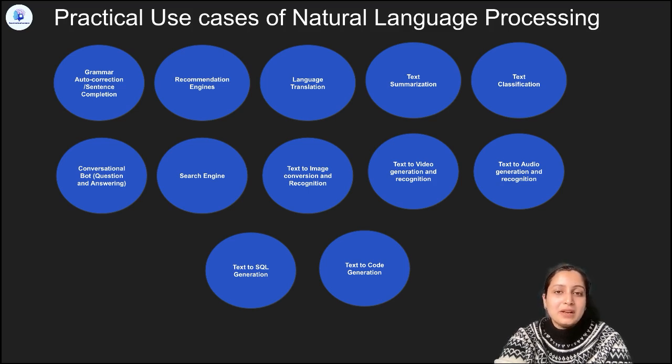Now, a very good application of large language models is coming into the picture, which is text to code generation and text to SQL generation, which will basically help as an assistant to a software developer to code, or to a non-software developer to generate code or SQL queries. So these are all applications which we will look into once we have gone through the basics of NLP. So stick around.